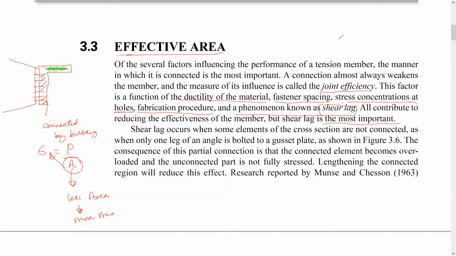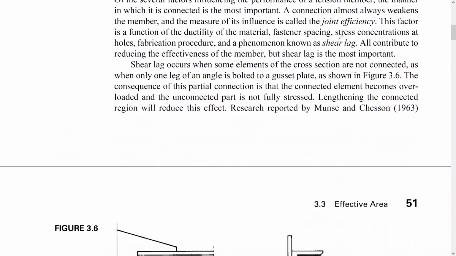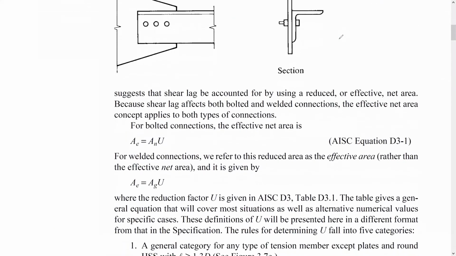Shear lag affects both bolted and welded connections. يعني ممكن يأثر على الbolted خلينا نحكي هون welded connection. And for a bolted connection, the effective net area is always equal to AE equals AN times U, okay? So in this case, for bolted connections, AE is what we call the effective net area, or sometimes we call it just the effective area.